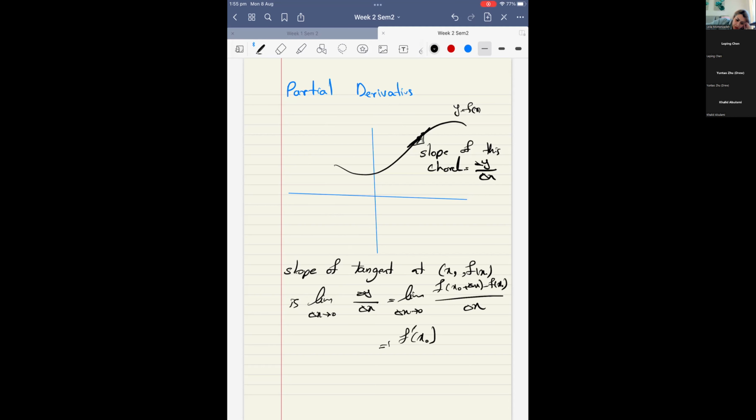For example, f of x and y equal 1 minus x squared plus y squared. More than one variable. That was just for one variable, now it is for more than one variable. What should we do? I start from the technique part, and then I give you an easier way to solve this.